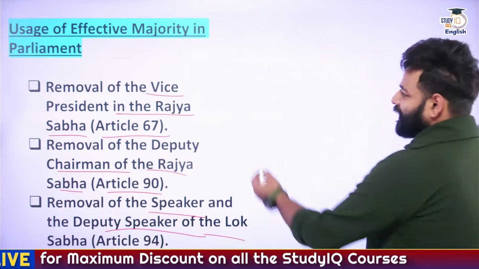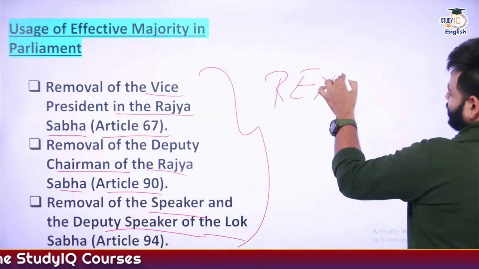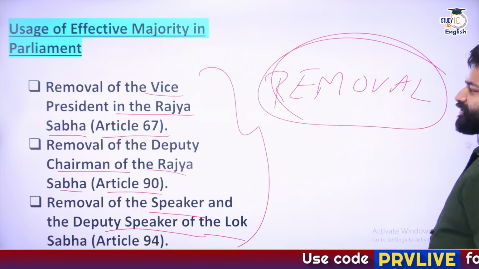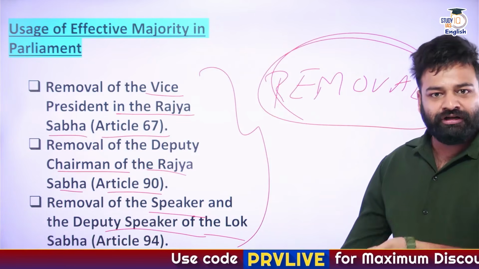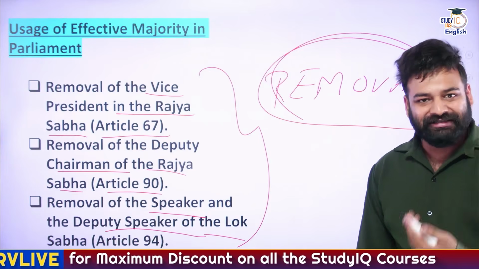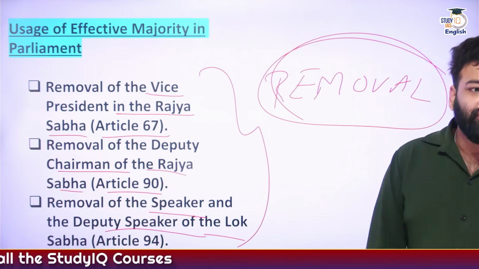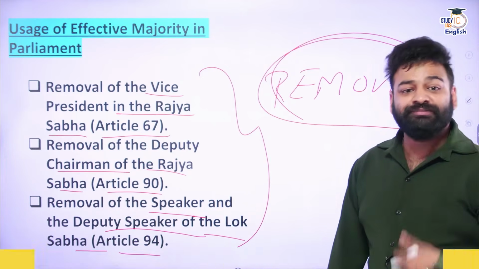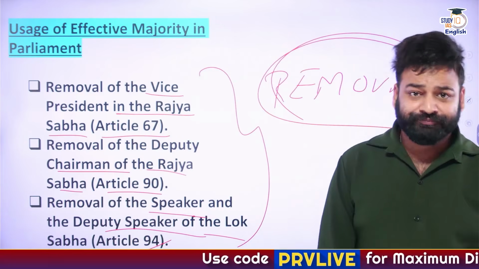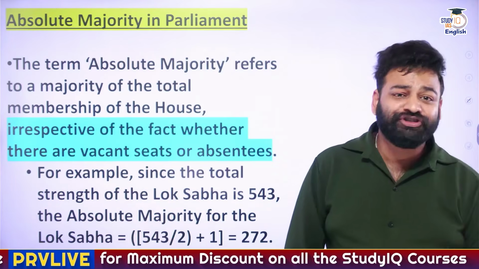You can see that at all three places the common word is removal: the vice president under Article 67, the deputy chairperson of Rajya Sabha under Article 90, and the speaker or deputy speaker of Lok Sabha under Article 94. Here we are all using the effective majority.